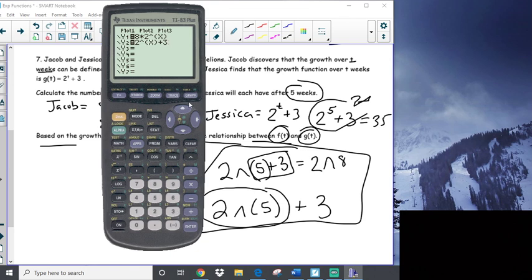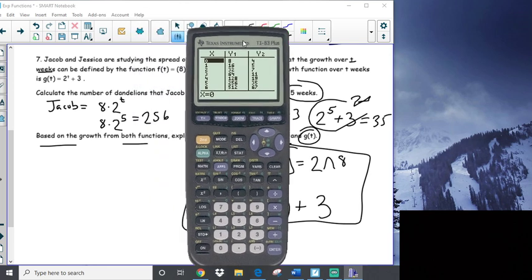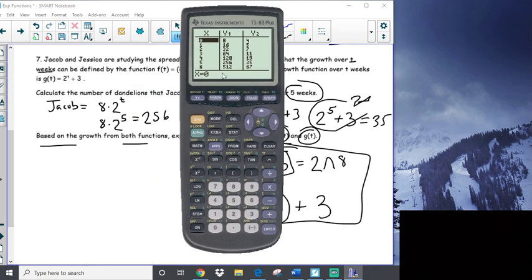Now if I go to the table, because they want me to compare the two, 8, 4, 16, 5, 32, 7. So this first one here is representing Jacob. And then this second one here is representing Jessica. So what I would say is that the growth of dandelions for Jacob is greater than the growth of dandelions for Jessica.